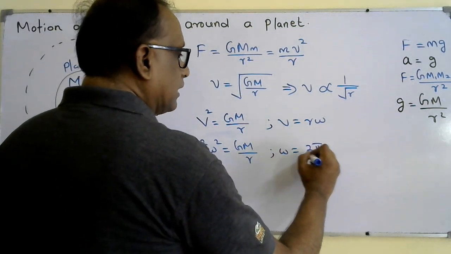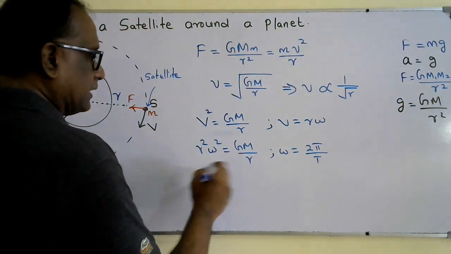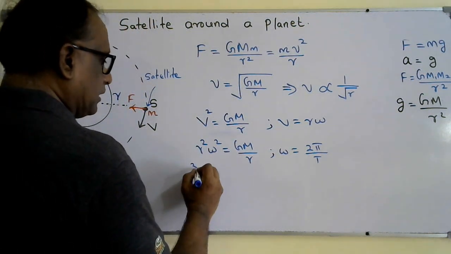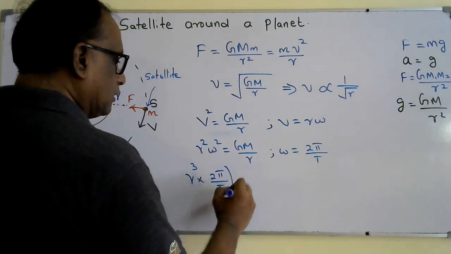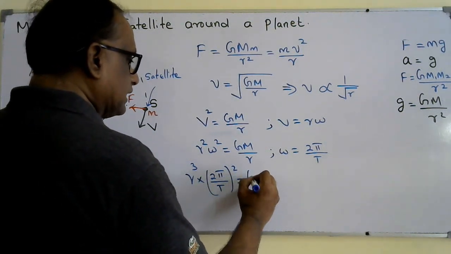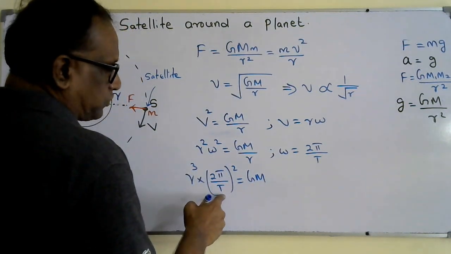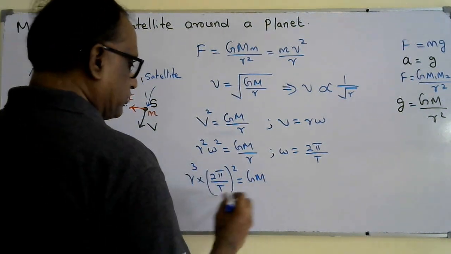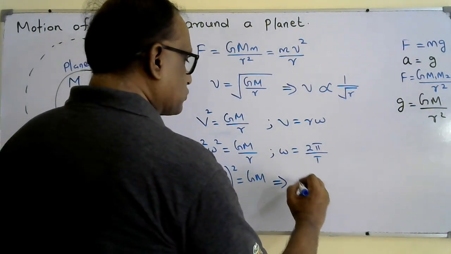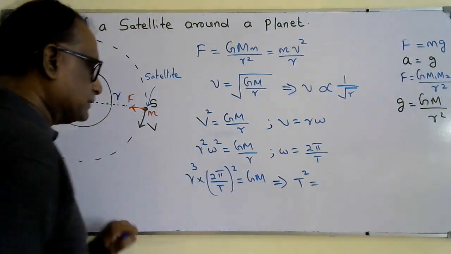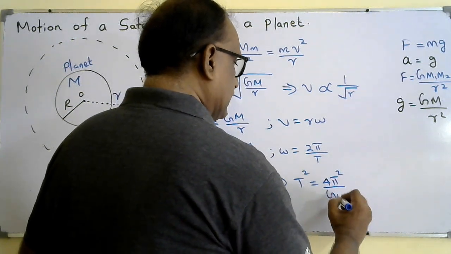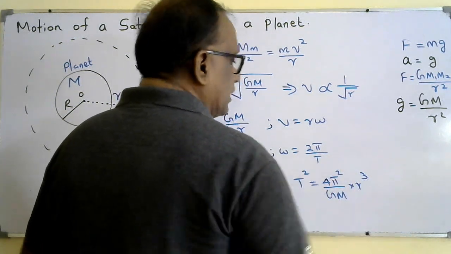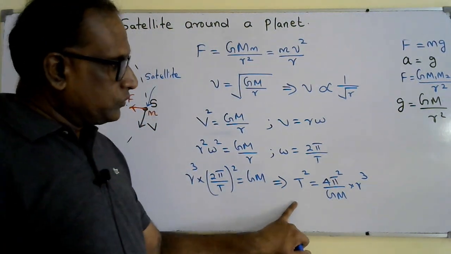We know that omega equals 2 pi over T. So substitute here, cross multiply: r cubed into omega, 2 pi over T, all squared, equals GM. So T squared will be the subject: T squared equals 4 pi squared over GM times r cubed.